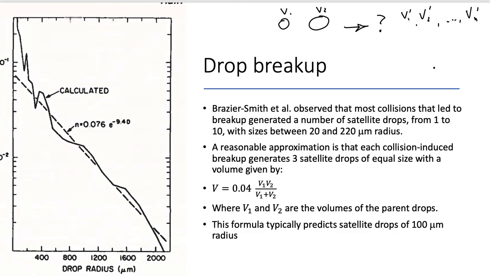And it's been found experimentally that a reasonable approximation is that each collision induced breakup produces exactly 3 satellite drops, and these kind of miraculously have equal volume. Okay, and this volume is given by this, these are all equal to V prime. You can call it V prime here. This is equal to this.